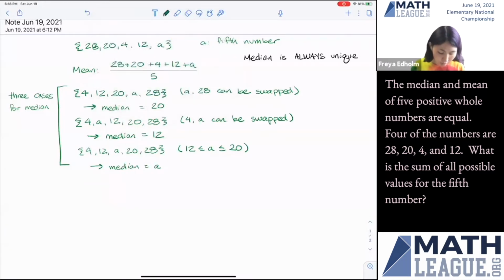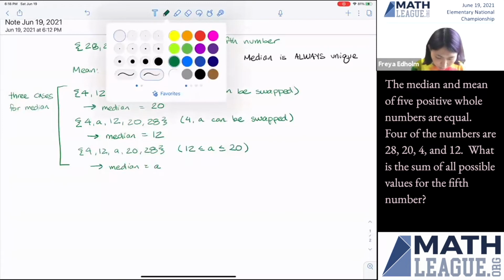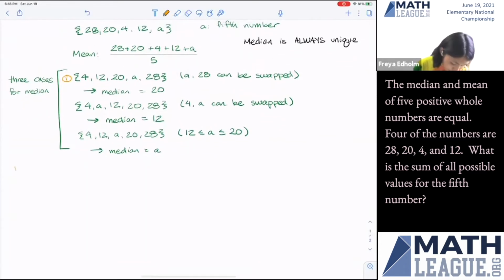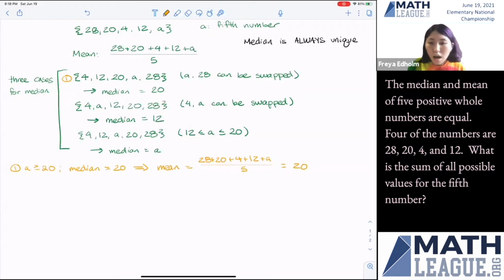All right, so let's go back to the question. Let's do case 1 first, and I'll make that orange. In case 1, we have that A is bigger than or equal to 20. And since the median is 20, that means that our mean, since our mean and median are the same, is 28 plus 20 plus 4 plus 12 plus A over 5, which is equal to 20.